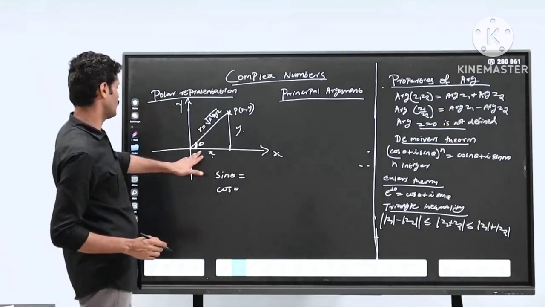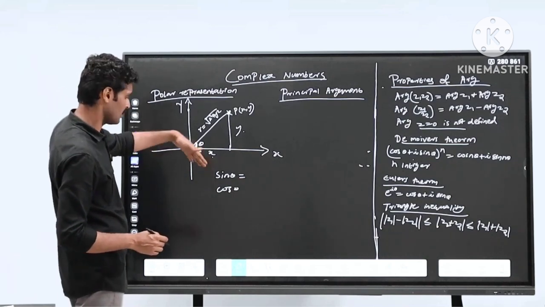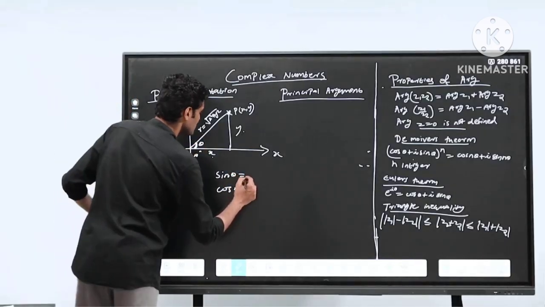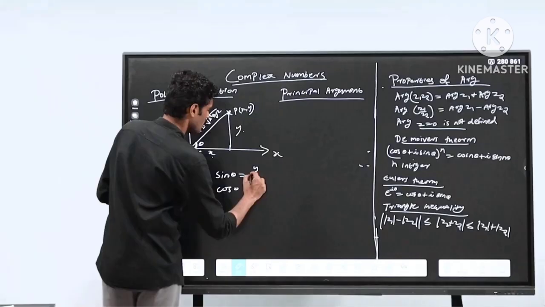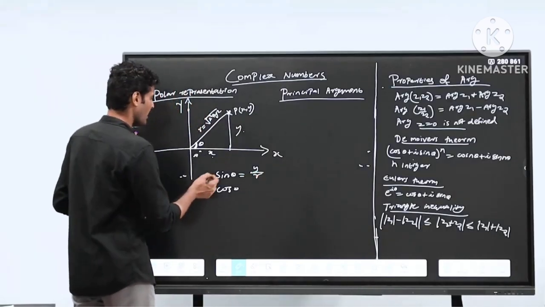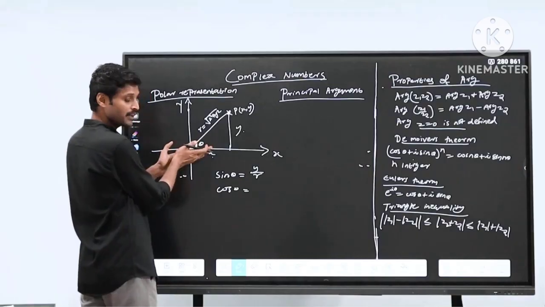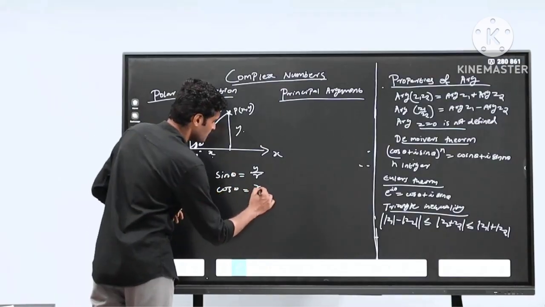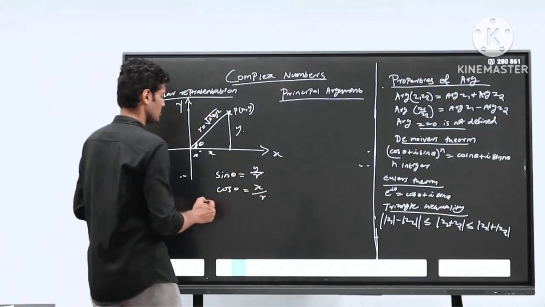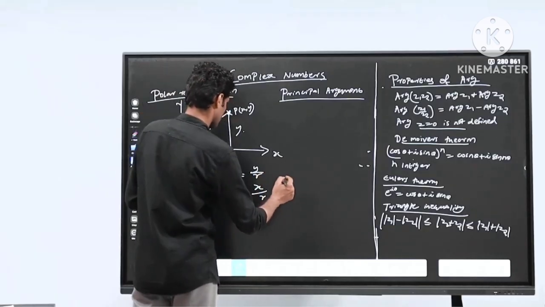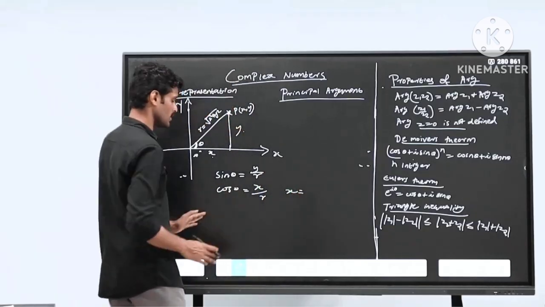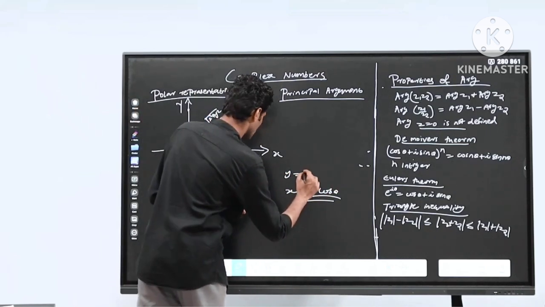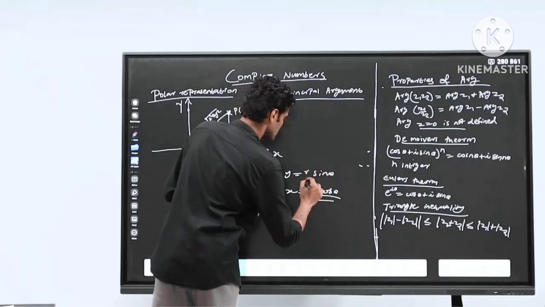Of course, sine theta will be y over r, and cos theta, in this right angle triangle, will be x by r. So from here we can calculate x equal to r cos theta, and y equal to r sine theta.